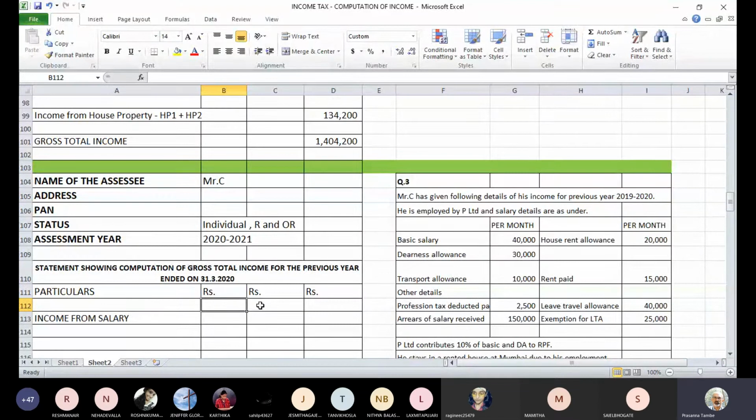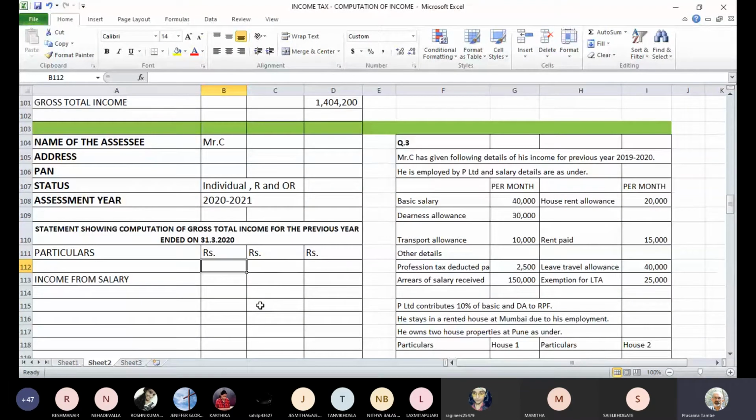Okay, individual, resident and ordinarily resident, and then income from salary. So let me write down the components of his salary. He has got a basic salary, he has got a dearness allowance, then he has got transport allowance also. HRA I will take separately, because for HRA we have to work out some exemption, so I will show you that separately. I will show it as the last item in salary.